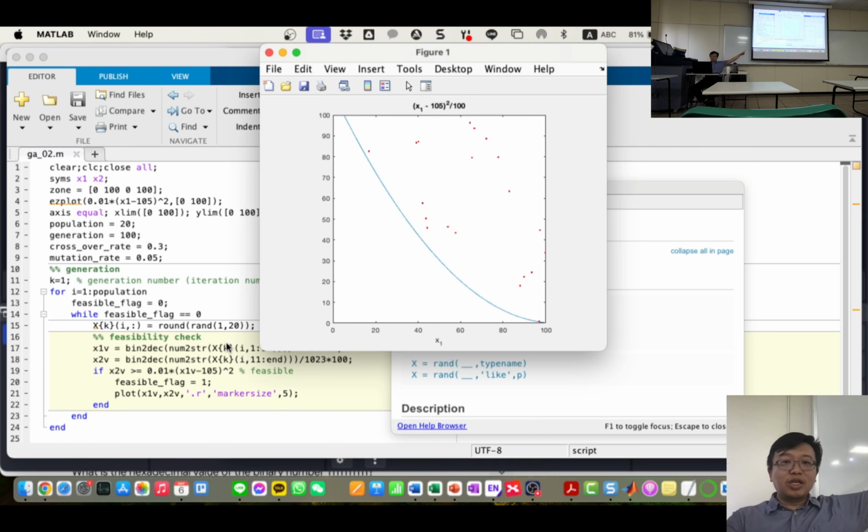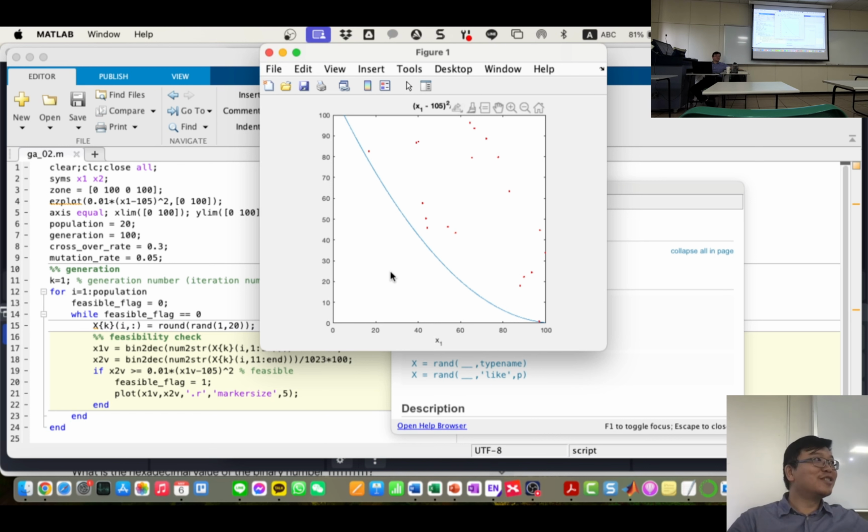So, let's take a look. Did you see 20 dots on the upper right corner? There's no dot on the left lower corner, because whenever it's not feasible, my while loop will not keep that chromosome. So now I randomly generate 20 dots on the upper right corner.